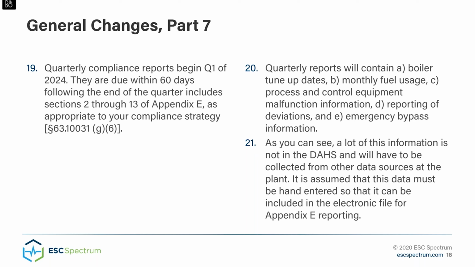so it can be included in the electronic files. So I'm assuming that ESC and Spectrum, that the StackVision software and the Prism software will be updated in the next couple of years to have fields available where you can manually enter this information, like the boiler tune-up dates and monthly fuel usage and all that other information.